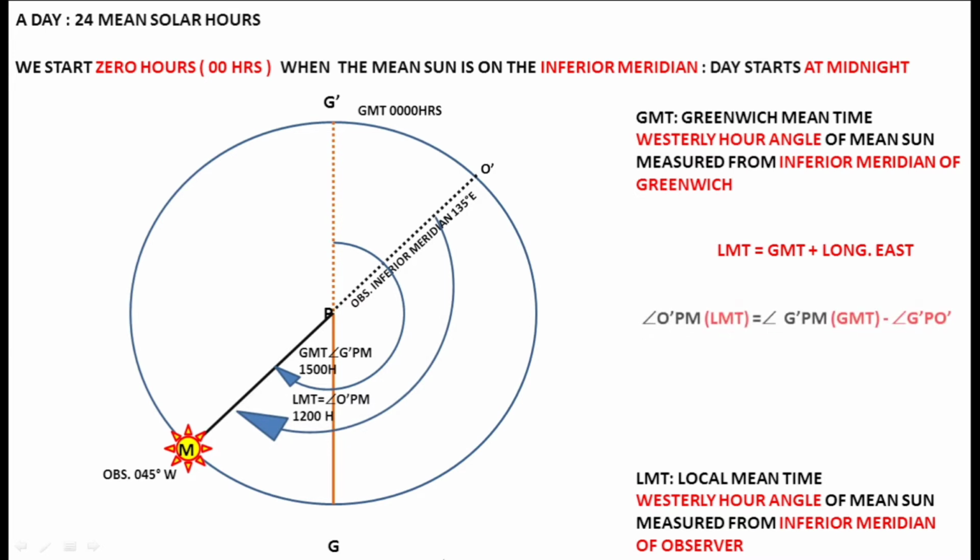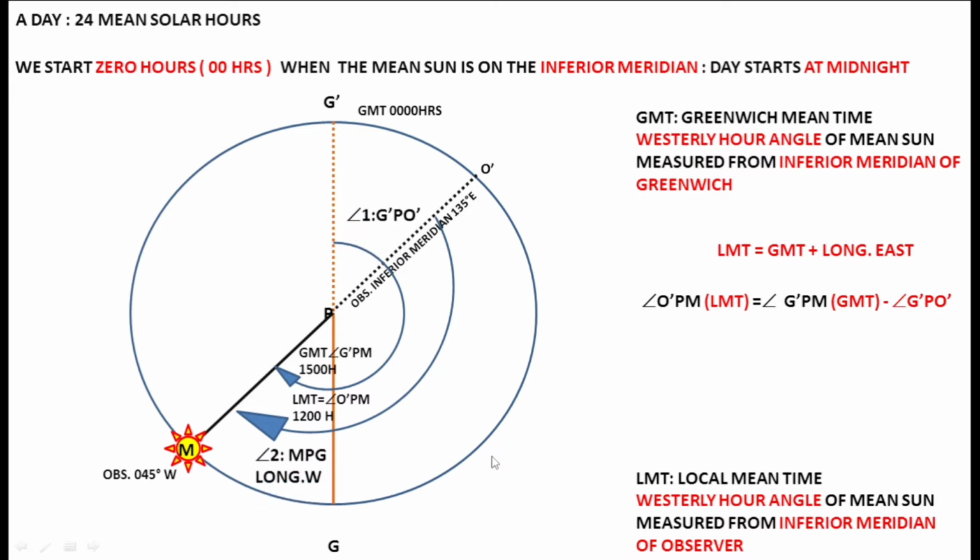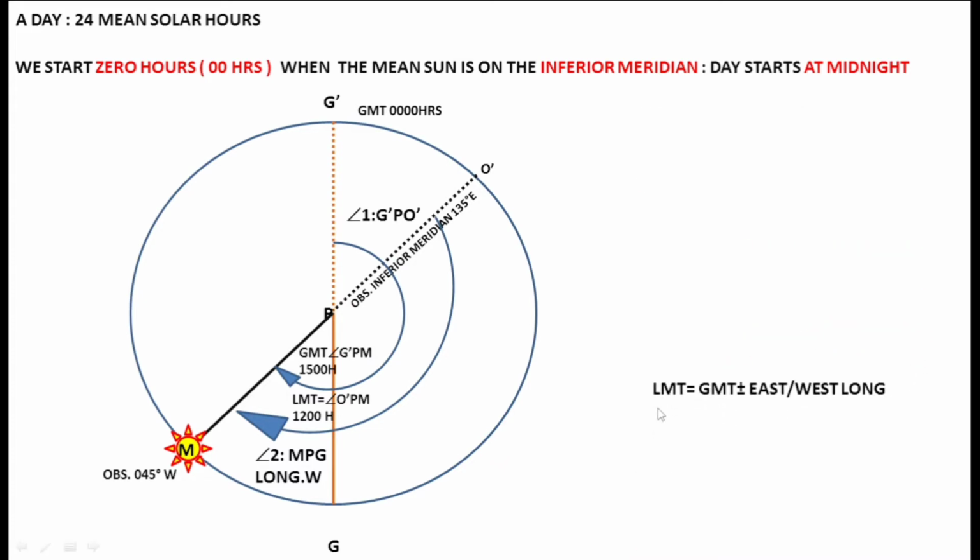And you can see here that LMT is equal to GMT minus this angle, which is the same as the longitude. So LMT is equal to GMT minus longitude west. This is an important relationship for us to get to what is GMT and what is LMT.